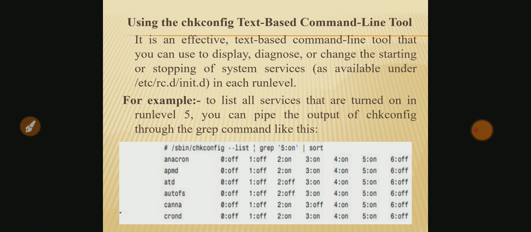We can also diagnose things. If there is a problem, we can fire this command and make a diagnosis. If you want to start the service, you can start it. Whether you want to stop the service, you can stop it in whichever run level you want.